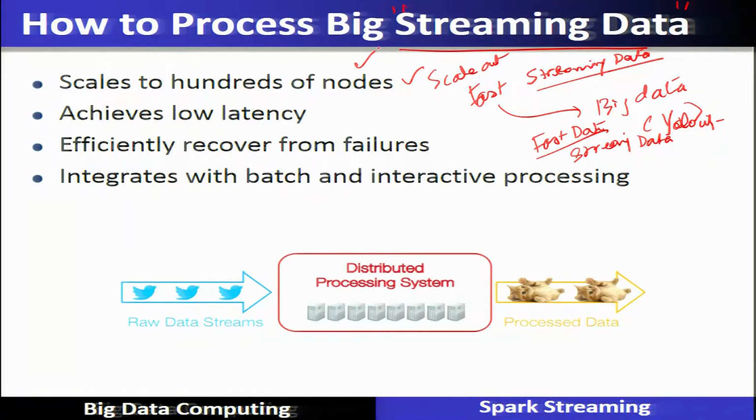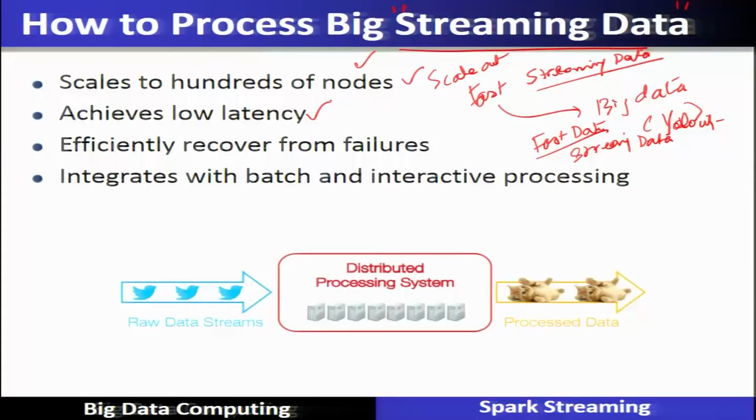So for scalability we require hundreds of nodes to process this big streaming data. Another aspect is achieving low latency. Obviously, this requires insight into the technology. We will see how we can achieve low latency in this streaming data processing framework.